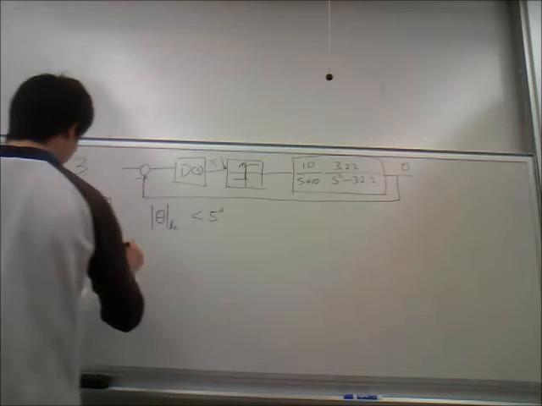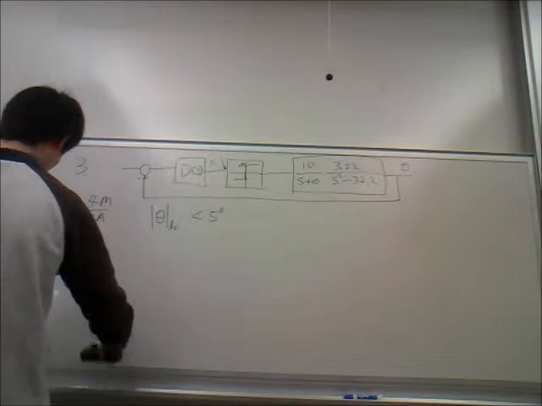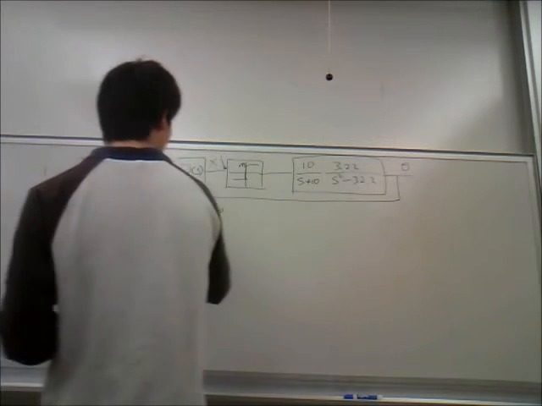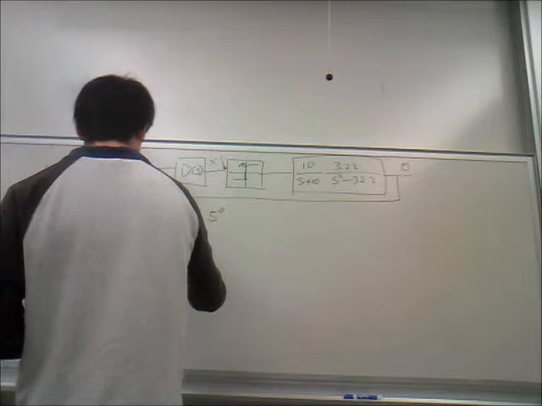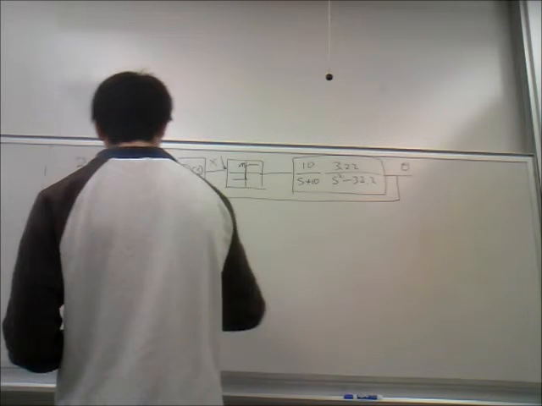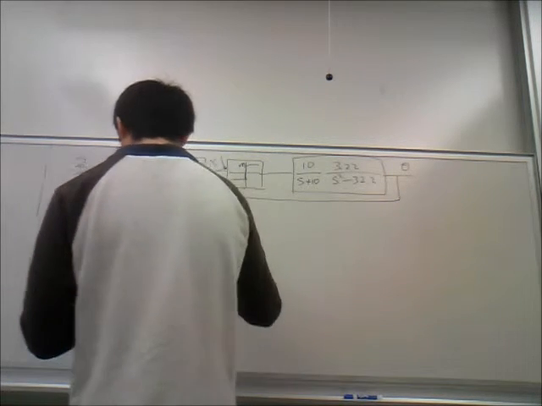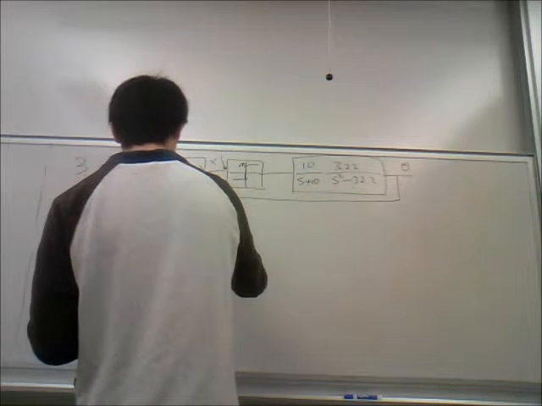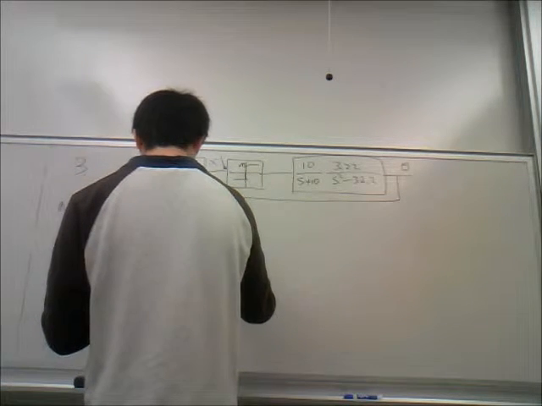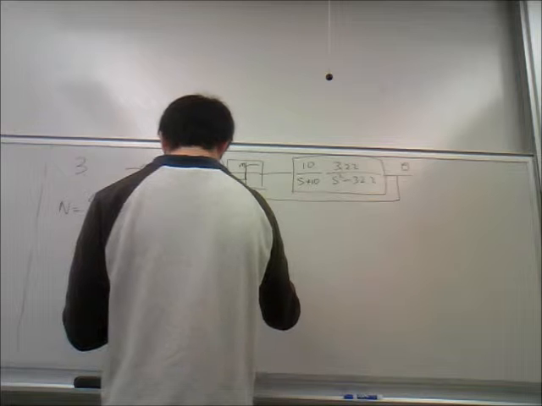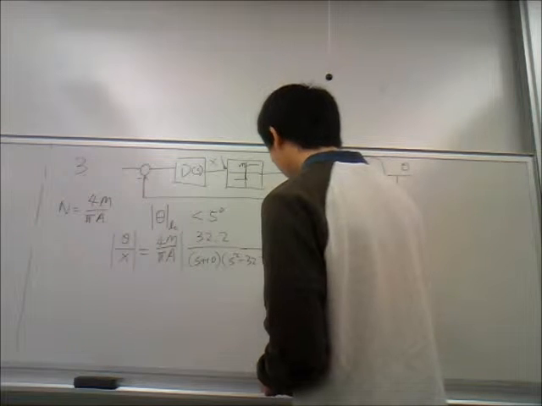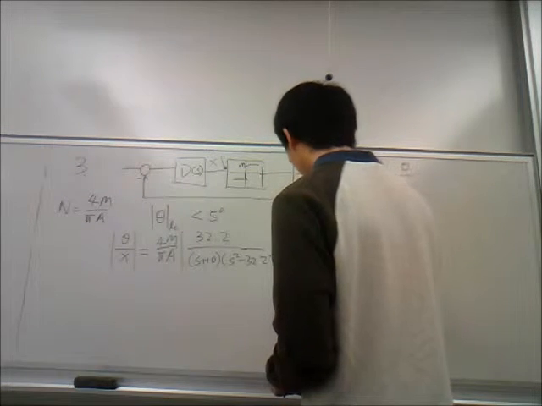So we can write that out. Theta over x is 4M over pi A times, let me just do the magnitude, times the magnitude of this thing, where s equals j omega limit cycle.